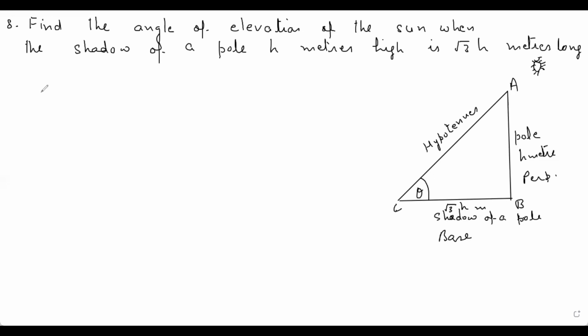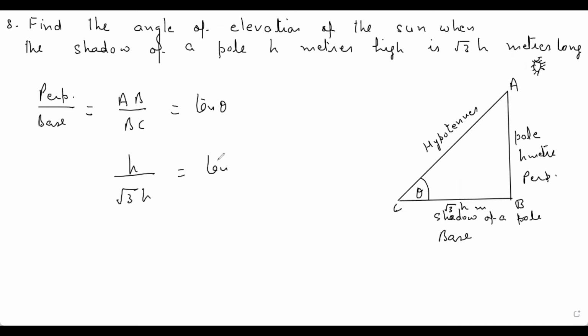Now perpendicular upon base, that is AB upon BC, is equal to tangent theta. Now AB here is h meter and BC here is √3 h meter. That is equal to tangent theta.